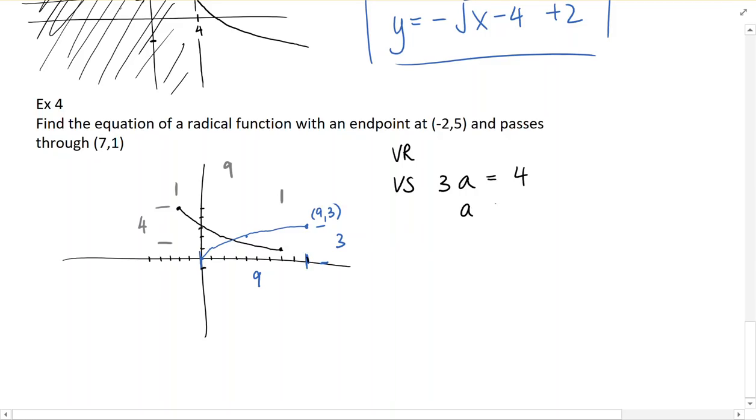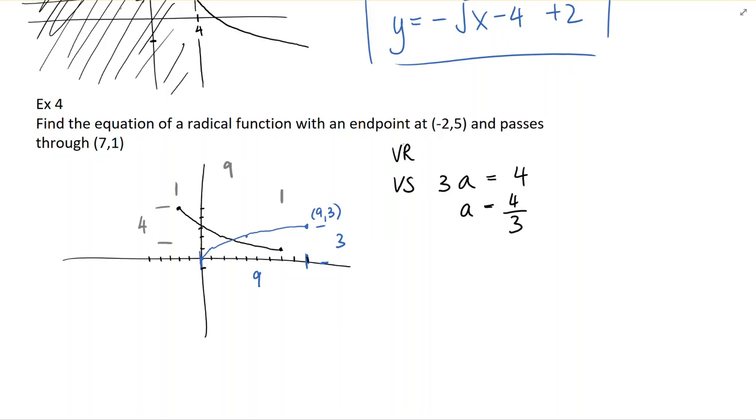So that stretch value must be 4/3. That means I have a vertical stretch of 4/3.